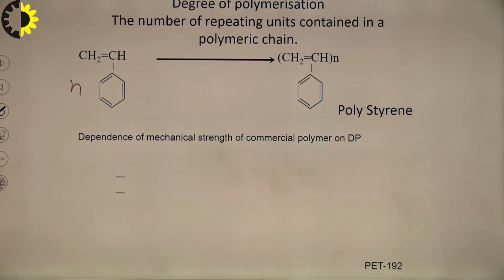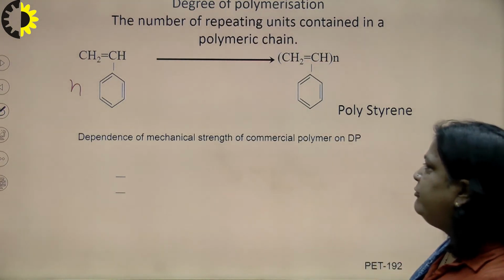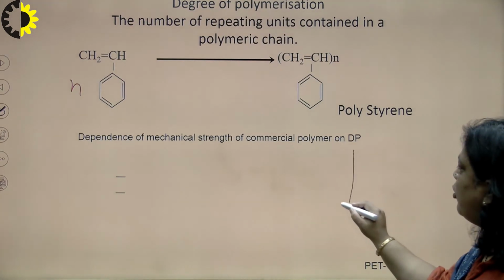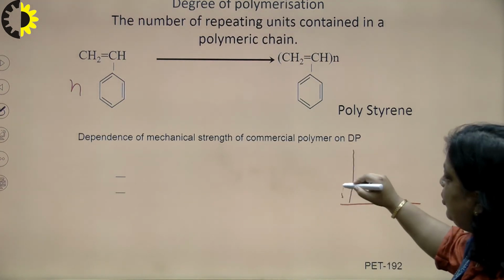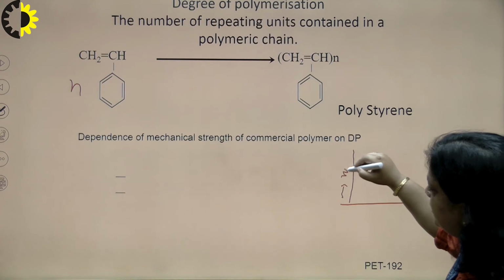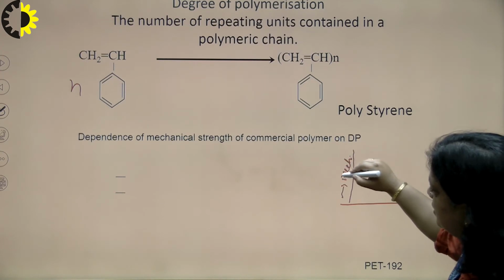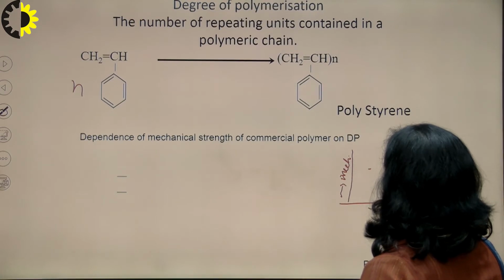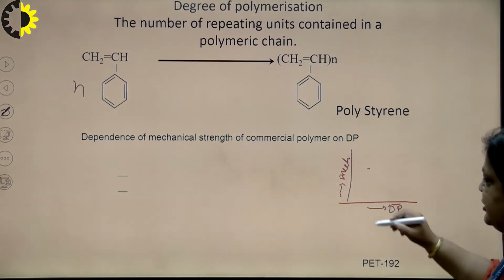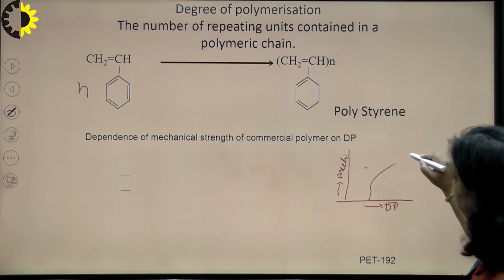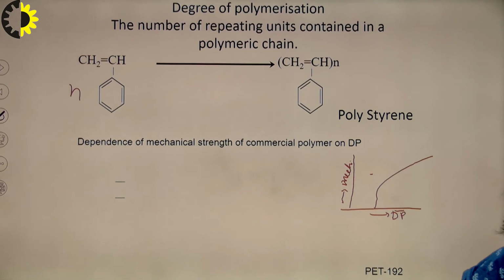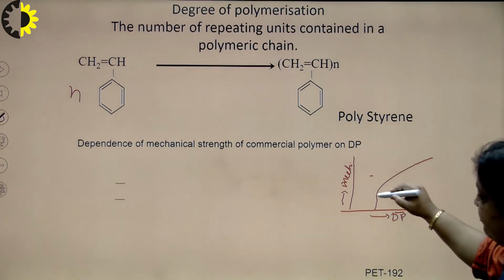And if we see the dependence of mechanical strength of commercial polymer on DP, for this we draw a plot between mechanical strength and degree of polymerization; generally we take the average degree of polymerization. So, we get this type of behavior, and it is the same for almost all commercial polymers, but the value is different.